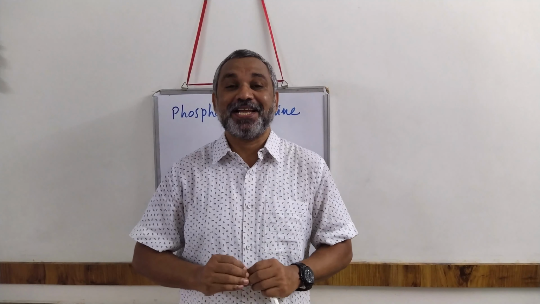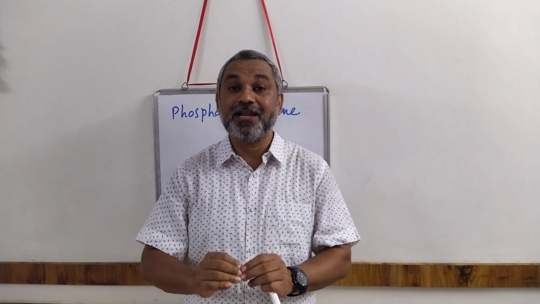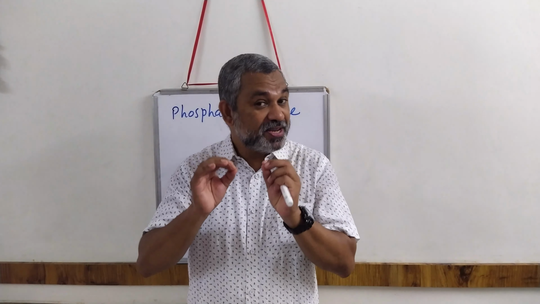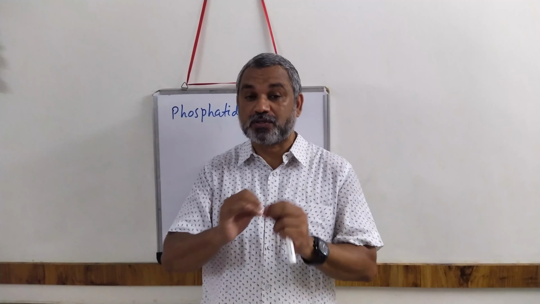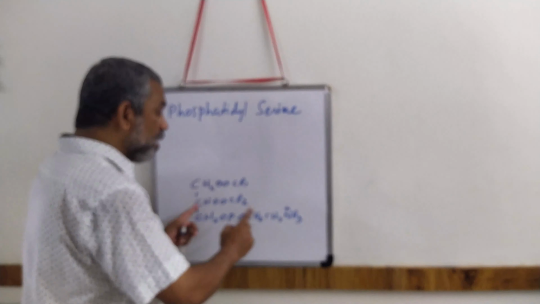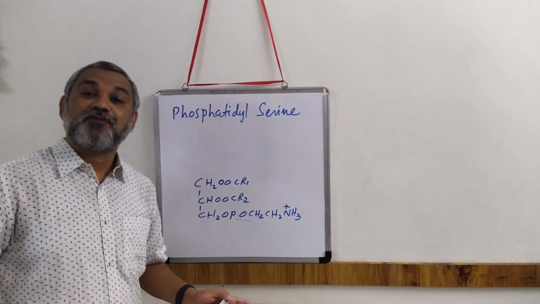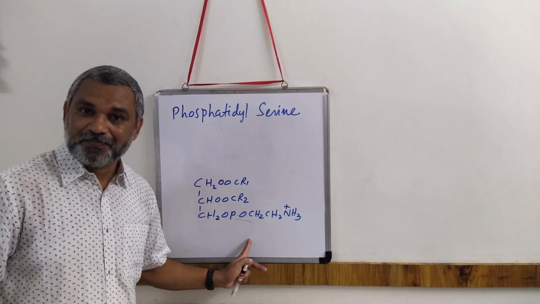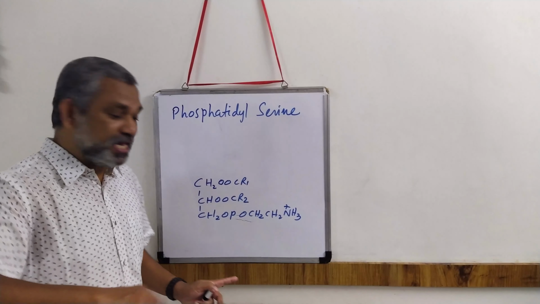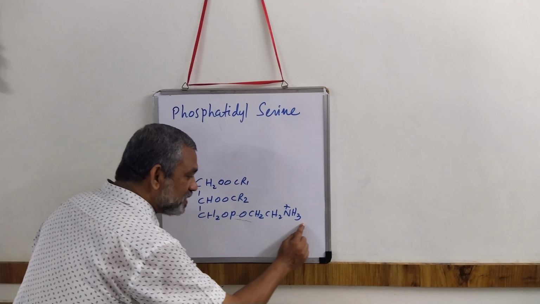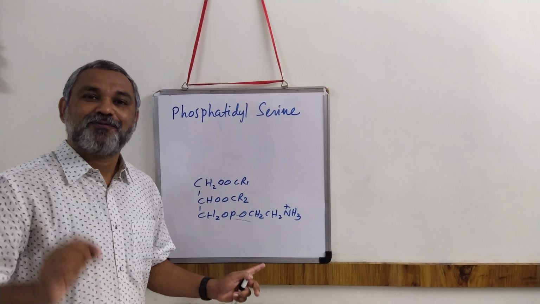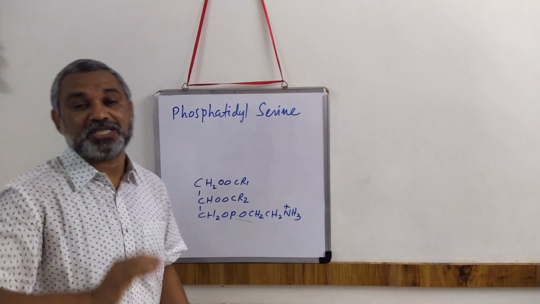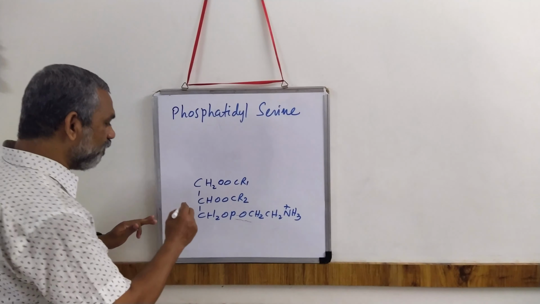Now let us understand how phosphatidylserine is synthesized. It's very simple to understand. It all begins with phosphatidylethanolamine. This structure you are familiar with. What we are going to do now is change this head group. Ethanolamine will be replaced with serine.